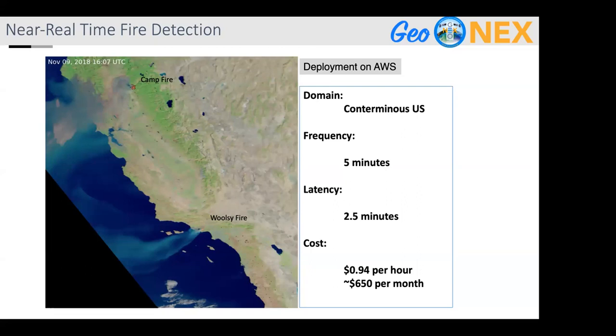Once we get the notice, we process data and post the results within 5 minutes, which is very cool. I think Jun is in the audience, so he was the main person actually working on this project. Obviously, the drawback is it costs money, so for that reason, we stopped after about 1 year. But the Docker container is there, so we can turn it on anytime if there's a request.